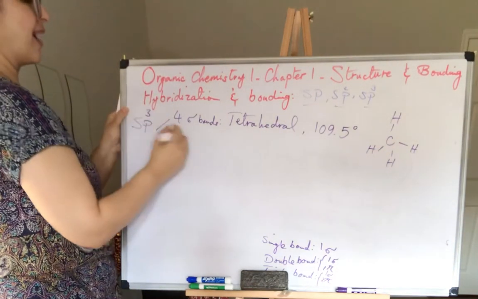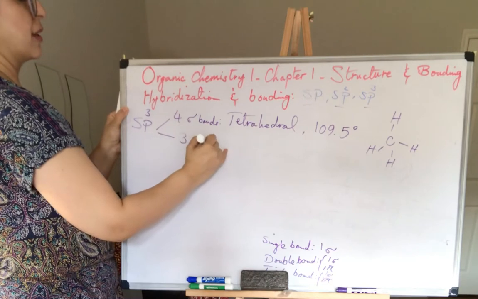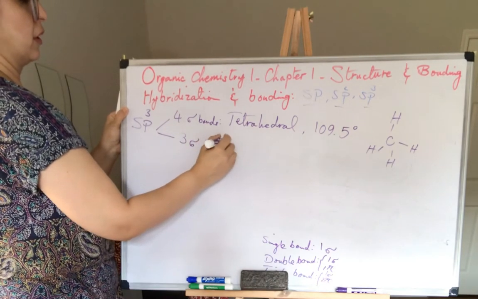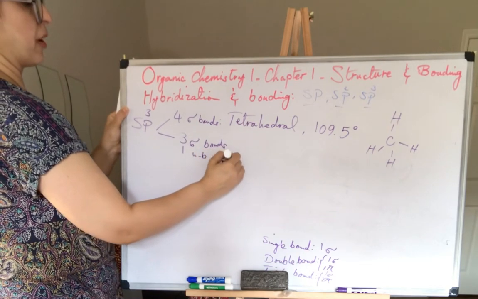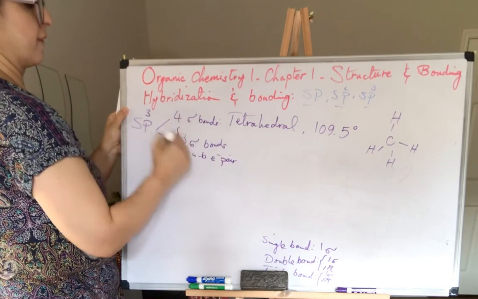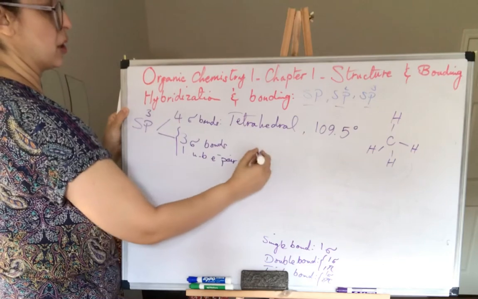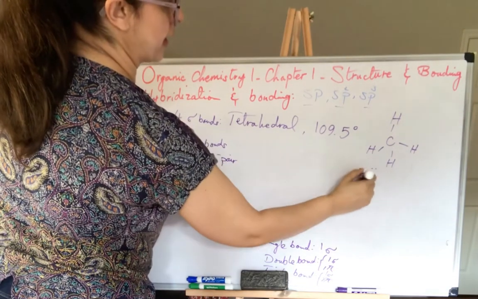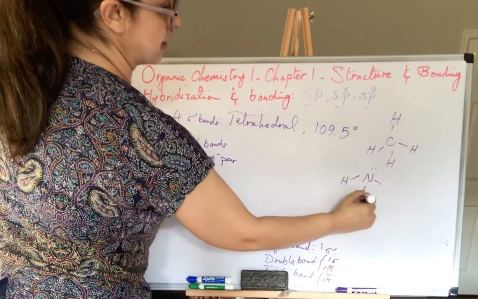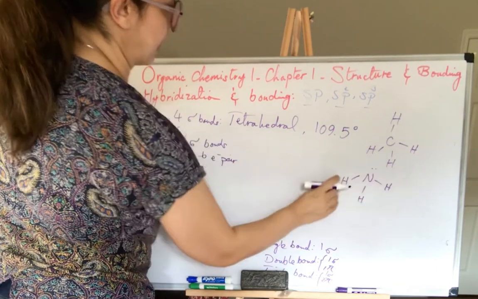But if you have 3 sigma bonds and 1 non-bonding electron pair, it's going to be, again, let's just go with the same non-organic example, because this is the first thing comes to my mind now.